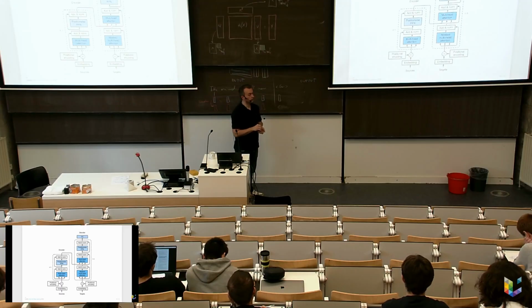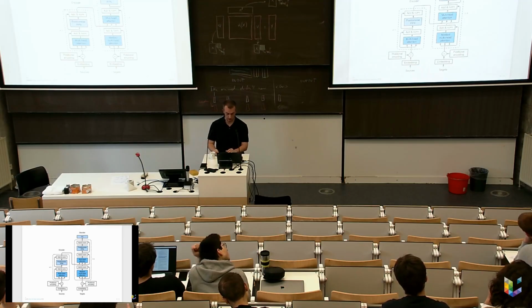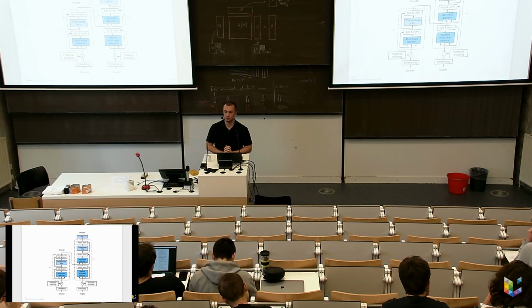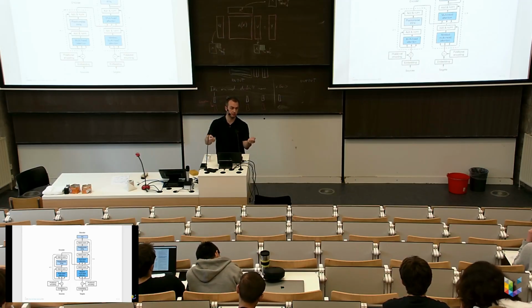So this fully connected layer, the final one at the very top, what should be its size? The size of this final projection should be as large as the size of your vocabulary, because you want to predict the next word.